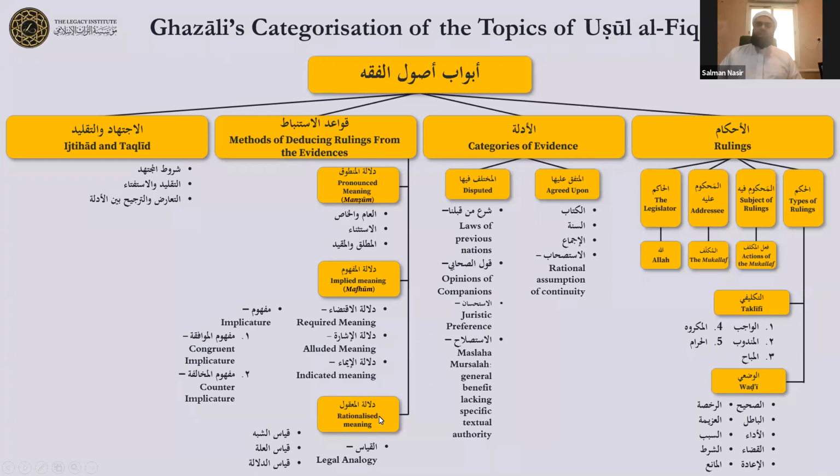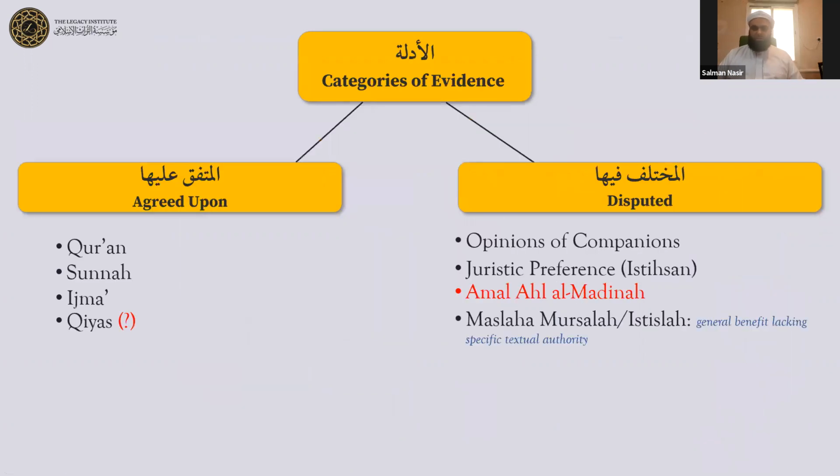And so he treats it as a type of legal meanings or extra-textual meanings that are still being drawn from the rulings of the texts. So they're being drawn from the kitab and from the sunnah. So this is why he has not counted it amongst the evidences. But we have chosen here to count it as an evidence.